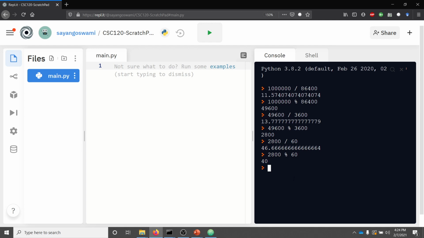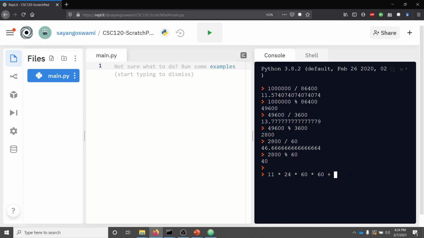Okay, and if you want to verify this number, here's how we do it, right? 11 days, and every day has 24 hours, every hour has 60 minutes, every minute has 60 seconds. So 11 days would have these many seconds in it, right? Now that's 11 days.